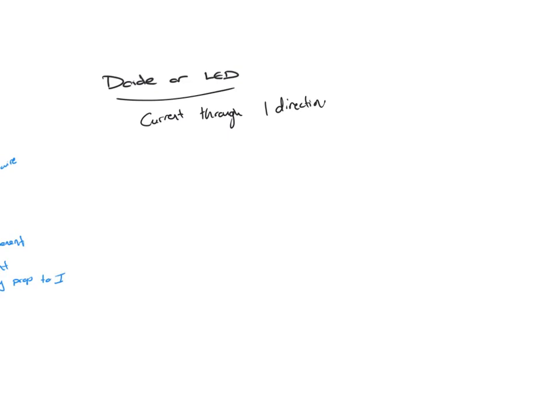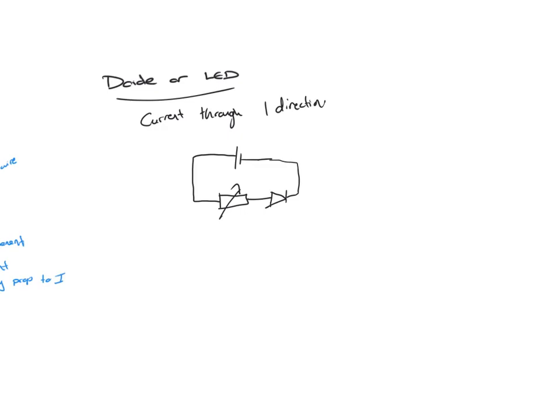So let's talk about the IV characteristics. If I connect my circuit in this way, by the way, you always need a resistor when you connect a diode or an LED. You need a resistor to protect it from burning out, because too much current through it affects it. So we can connect our circuit in this way.